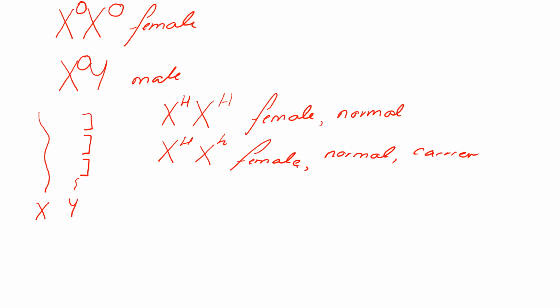So even though she still won't have symptoms of haemophilia, she has this lowercase h, this recessive gene, that means that her next generation could actually have it. Now, you can also have a woman with 2 lowercase h's. She's still female. However, she's going to have haemophilia.